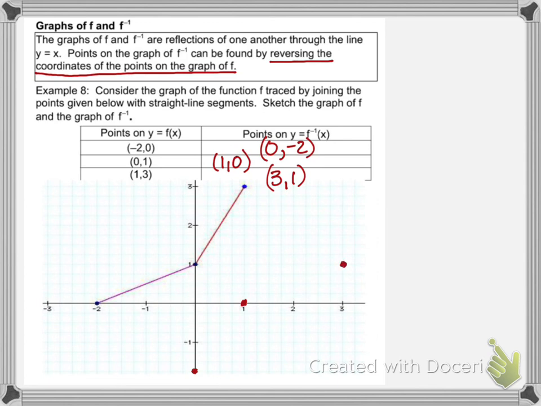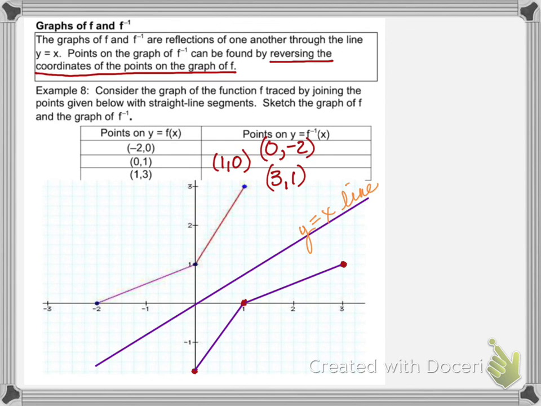Okay. So what I want you to realize is when you connect these, hold on, there we go. When you draw the connection between these points, I'm hoping that at this point you're noticing that your graphs are mirror images over this y = x line right here. This is the y = x line.